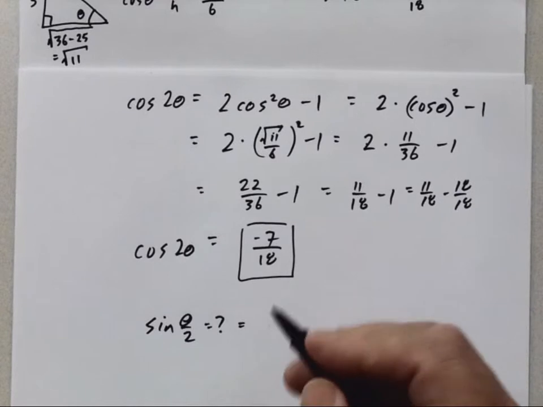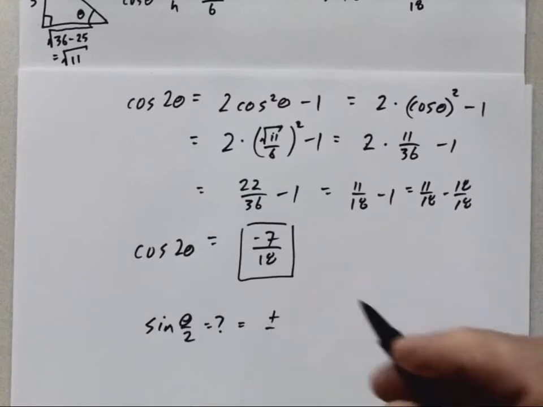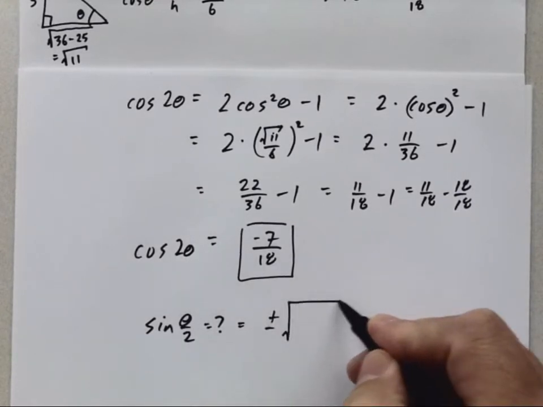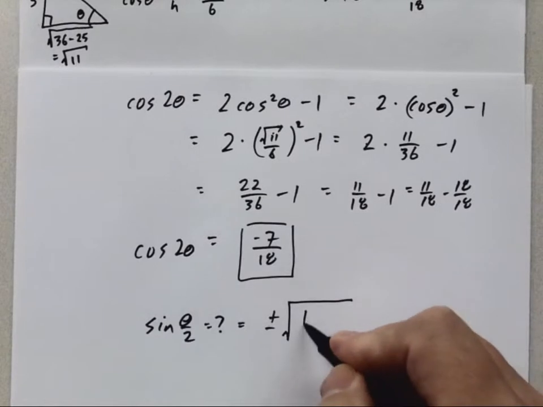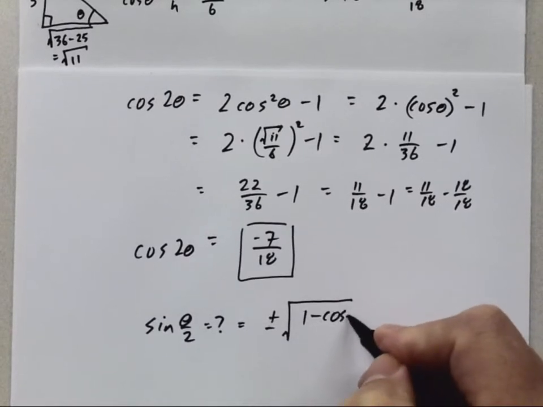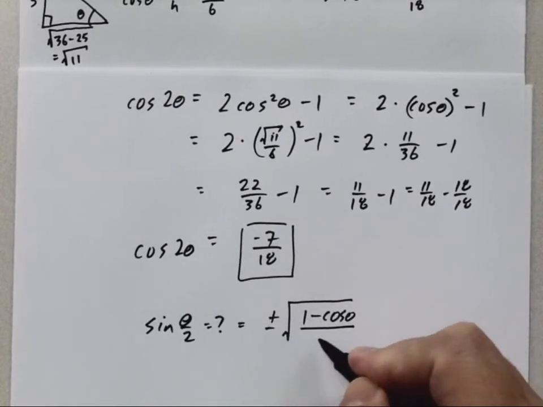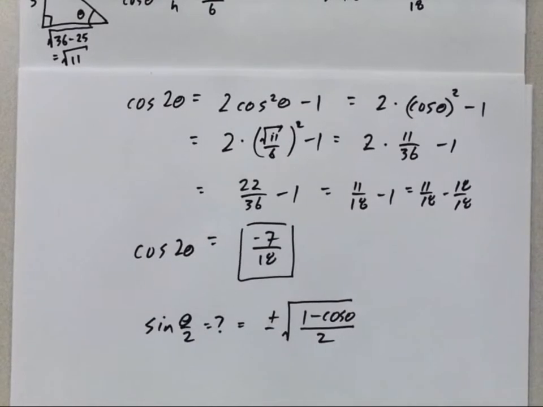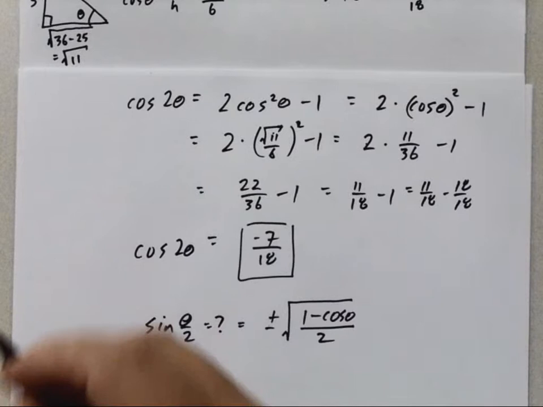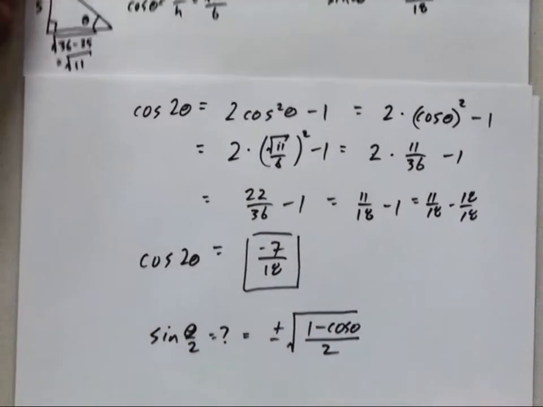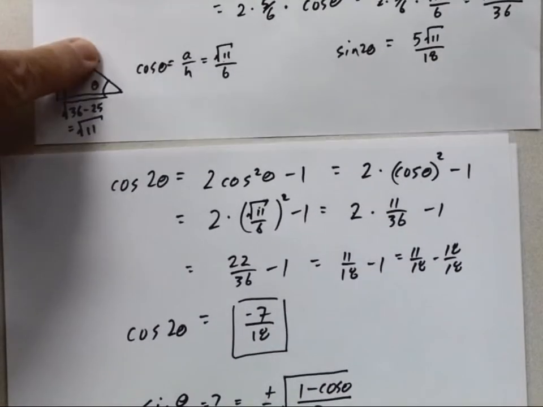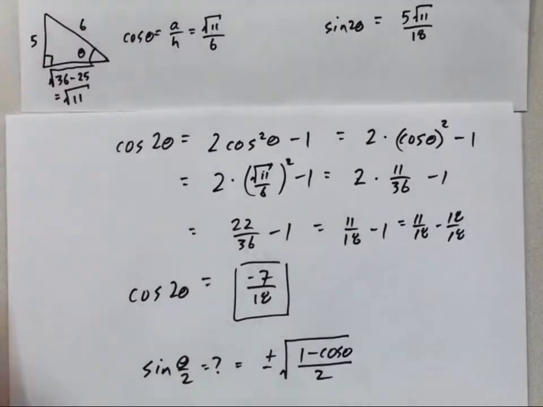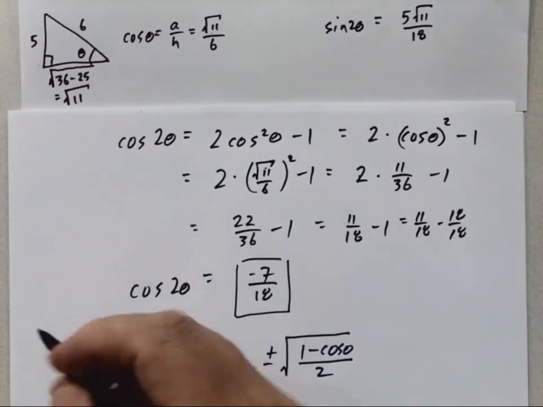Look at the formula sheet for half angles. It's plus or minus the square root of 1 minus cosine of theta over 2. The good thing is, I already know cosine of theta. Maybe I'll write it here. We've already figured it out from this earlier problem, right? Cosine of theta is square root of 11 over 6.